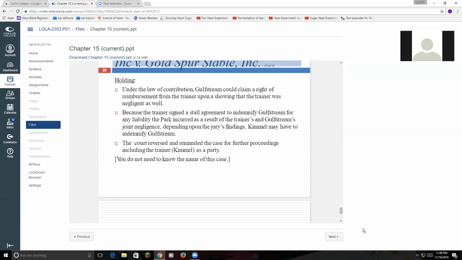And in this particular case, the court found both contribution and indemnification, and depending upon how the jury rules, certainly Kimmel may need to indemnify Gulfstream.